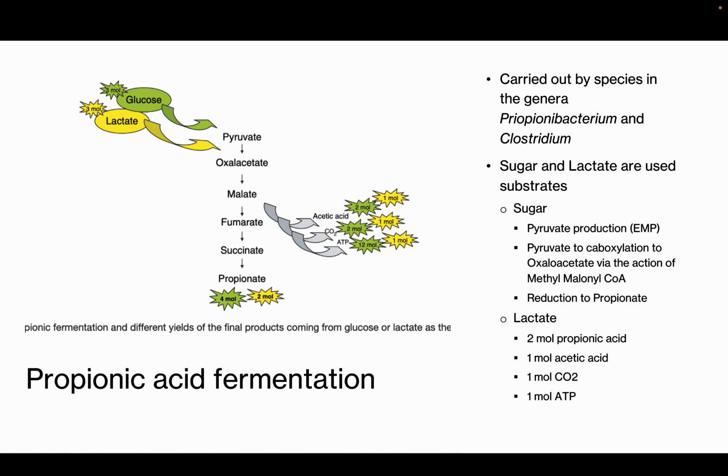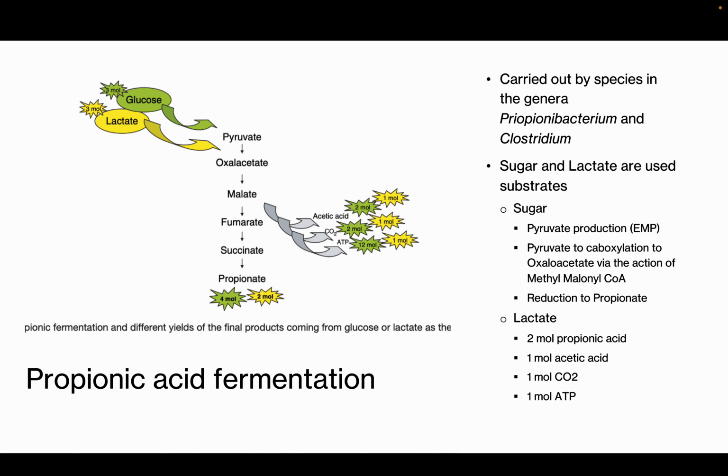The substrates used during propionic acid fermentation are particularly hexoses like glucose, and lactate, and the pathways that are utilized, as well as the outputs in terms of carbon dioxide, ATP, and the end product differ based on the substrate that is used.